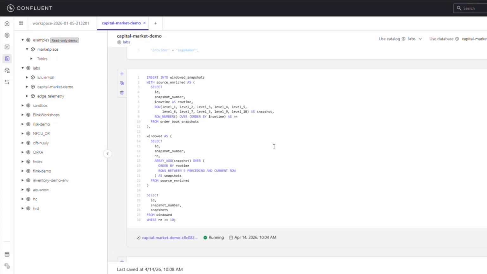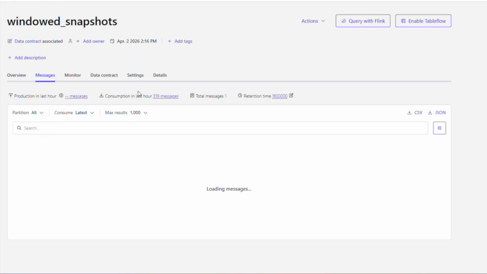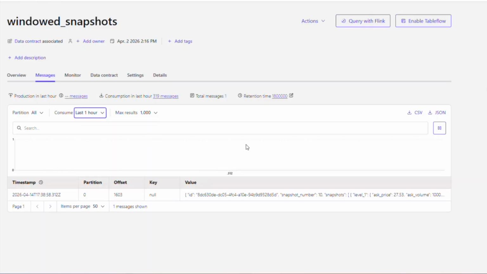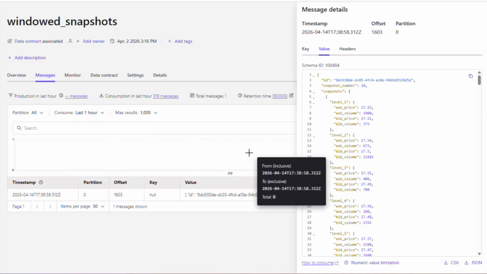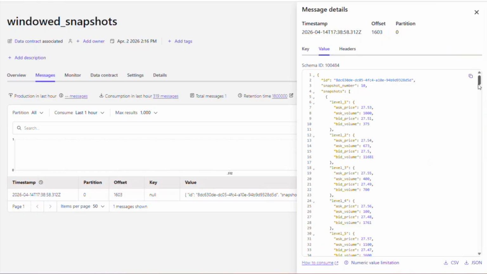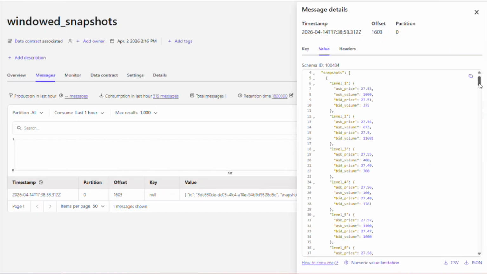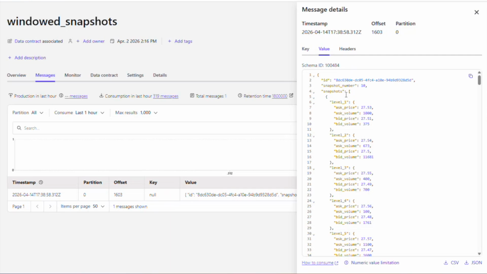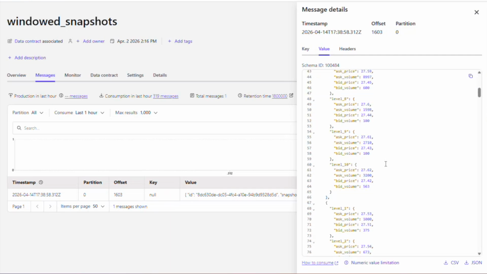To do that, we built a Flink job that reads from the order book snapshot topic in Confluent Cloud and bundles snapshots into rolling windows using an array aggregate function, giving the model the sequential context it needs for real-time detection. The Flink job then outputs the aggregated results into the windowed snapshots topic, where each message contains the bundled sequence of order book snapshots ready for downstream layering detection.